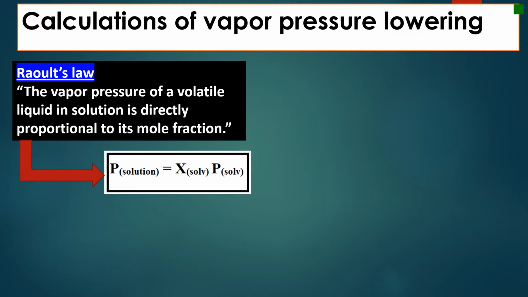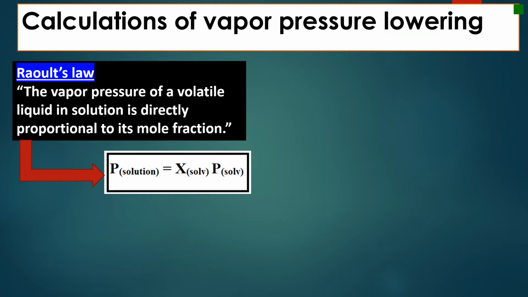Mathematically, Raoult's law is given by the vapor pressure of a solution. This is the vapor pressure of a solvent in the solution, which is equal to the mole fraction of the solvent, that's X, times the vapor pressure of the pure solvent, that is P solvent.